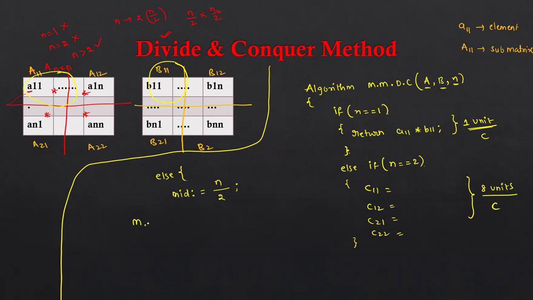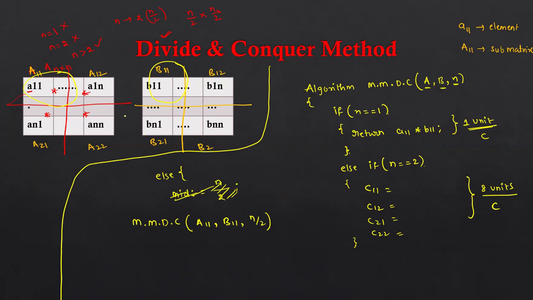So matrix multiplication of divide and conquer approach of this subarray A11, comma, this subarray B11, comma, what is the size of these two matrices? N by 2. Okay. You need not find this one; directly I am going to take n by 2 at this place.